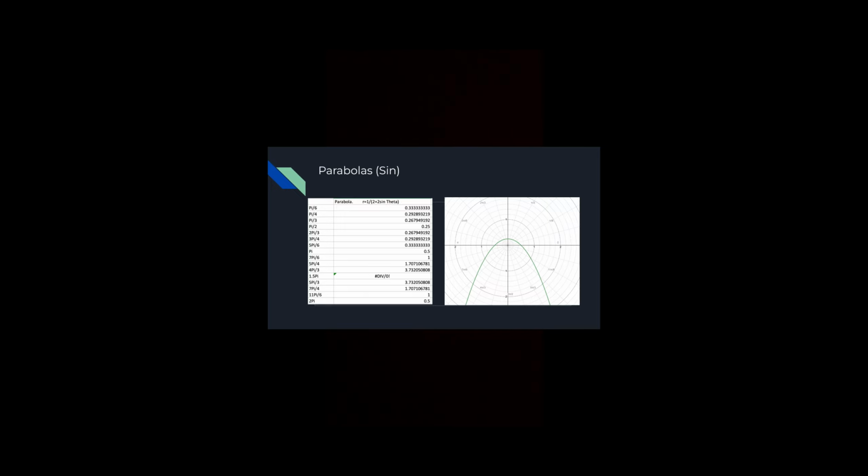One possible shape that can be made from conics is a parabola, in both sine and in cosine form. With a parabola, as theta approaches 3 pi over 2 from pi, r approaches infinity. And as theta approaches 3 pi over 2 from 0, r will also approach infinity on that side.